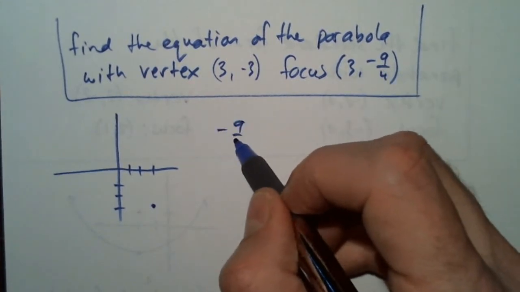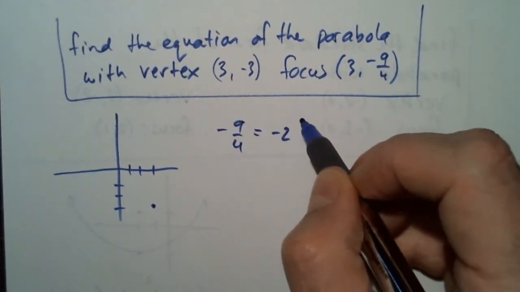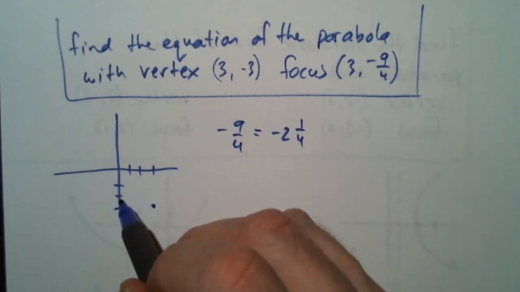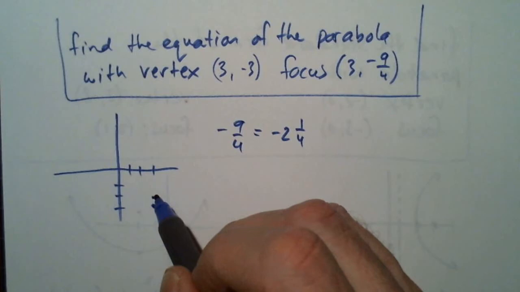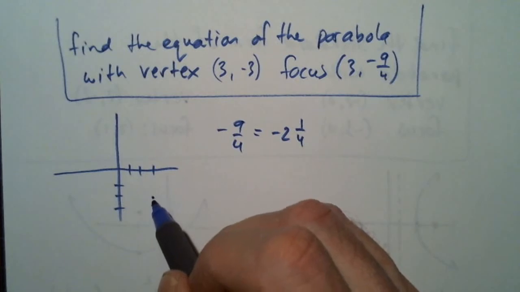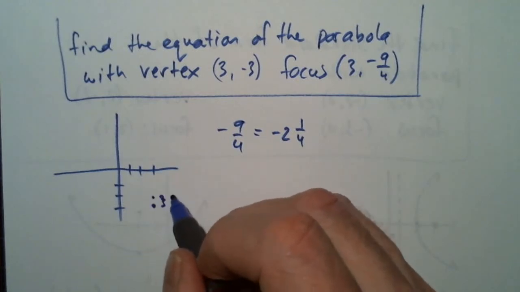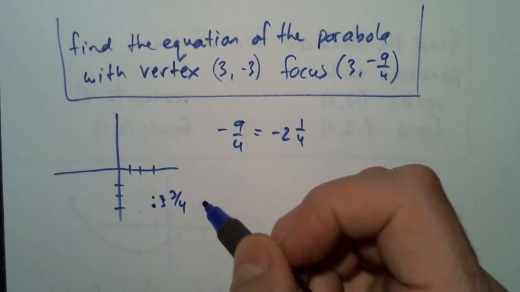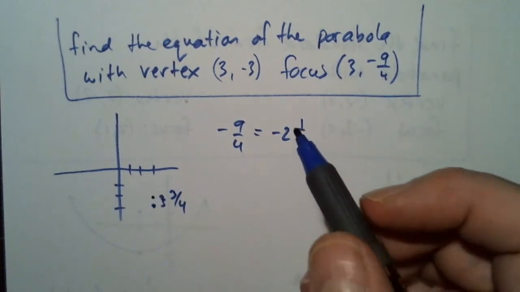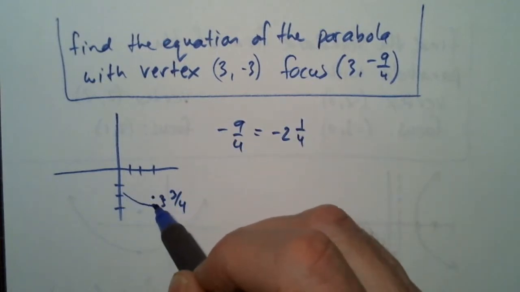So negative 9/4 is negative 2 and 1/4. We're going to go over 3 and down 2 and a fourth. If we go down 1/4 beyond negative 2, then this must be 3/4 right here. And the parabola is going like that.